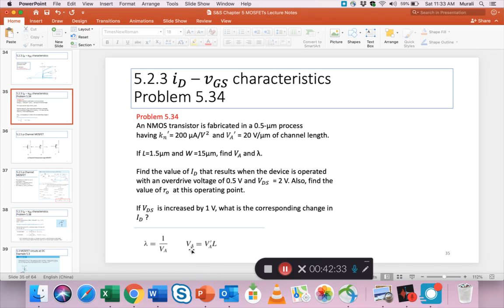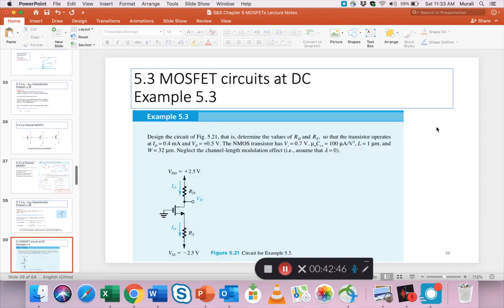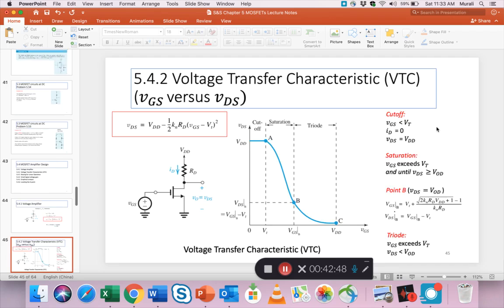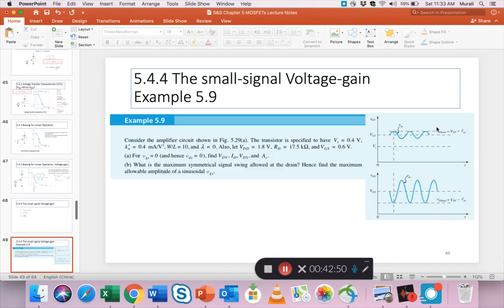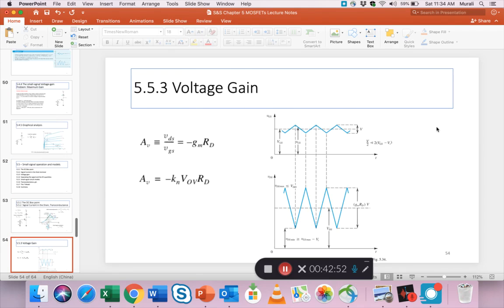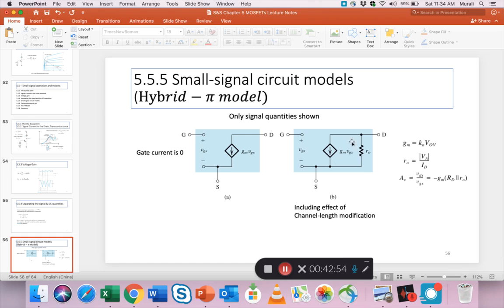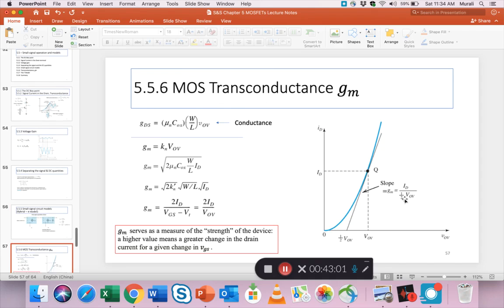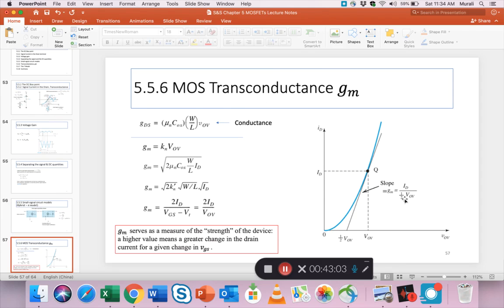And then we find VA, it connects the length and this, and then we use lambda equals 1 by VA. So the same VA and VA prime are all what are being used in coming up with this value for this RO in the small signal model. Okay. All right, I'm going to have to move on to the next slide.